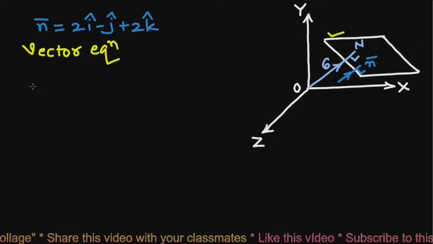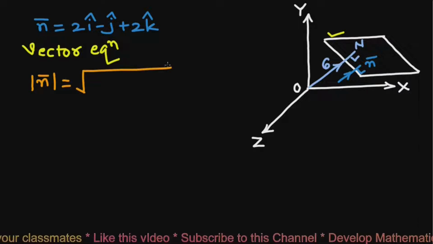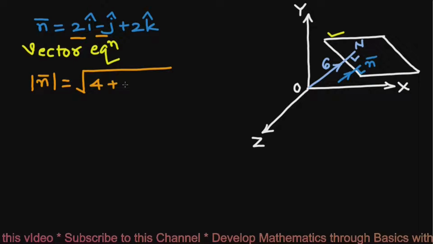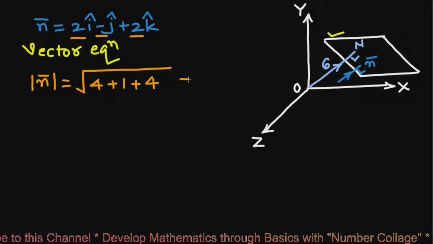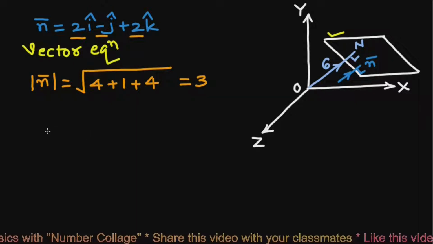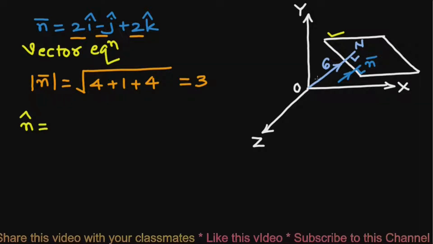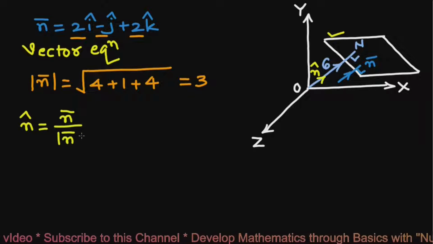First we find the magnitude of normal vector n bar, that will be square root of 2 square, 4, plus minus 1 square, 1, plus 2 square, 4, that will be square root of 9 or 3. So the unit vector n cap in the direction of this ON bar will be vector n bar upon its magnitude mod n bar.